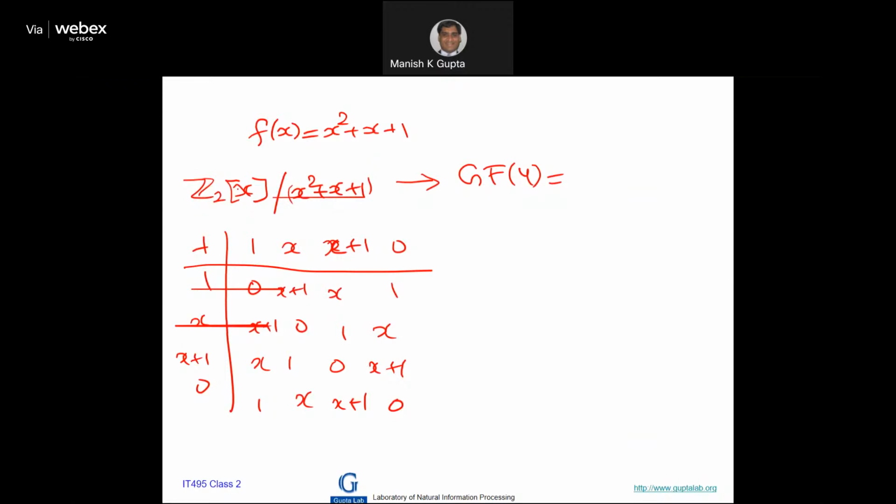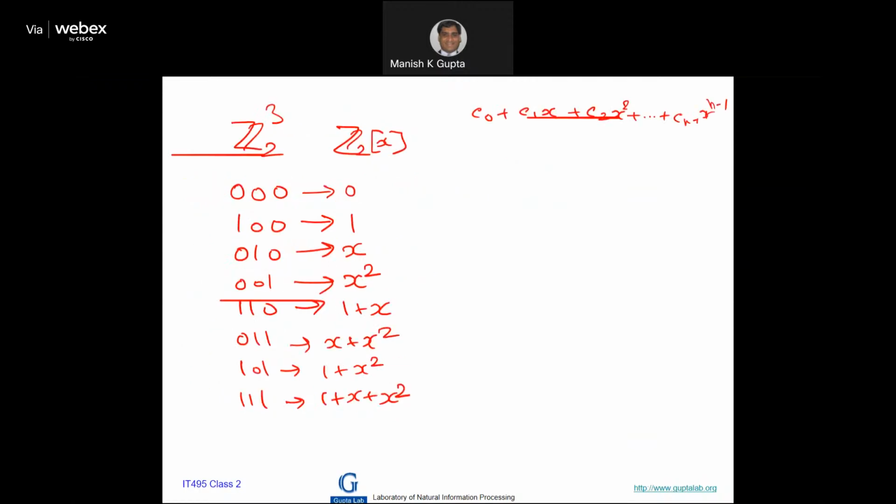But what if I choose a different polynomial? Just now you saw I have taken this polynomial and reduced everything modulo it, right? What if I take the other one, say the polynomial x square plus 1?